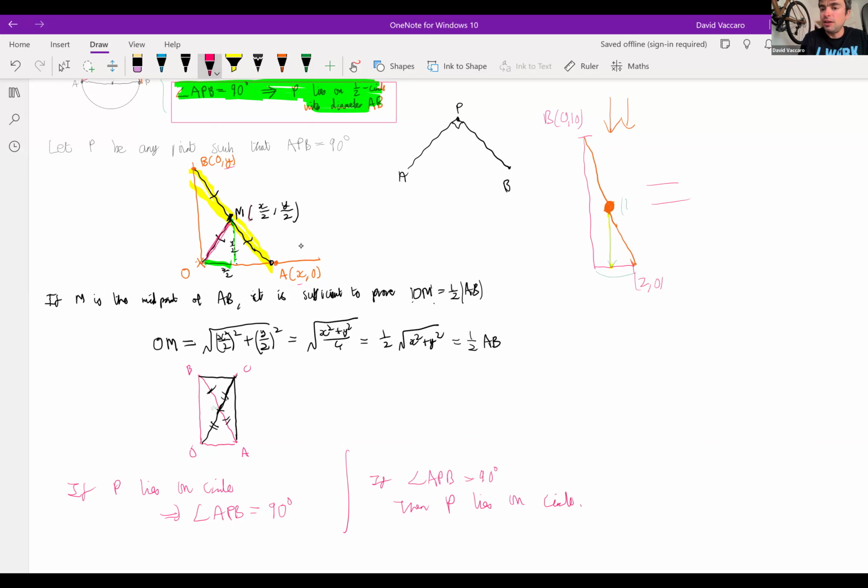If you consider shining a horizontal light and thinking where the midpoint casts a shadow on the y-axis, again, that would be halfway up. So that would be at a height 5. So the coordinates would be 1, 5. So the coordinates of the midpoint would always just be half of the x coordinate and half of the y coordinate.